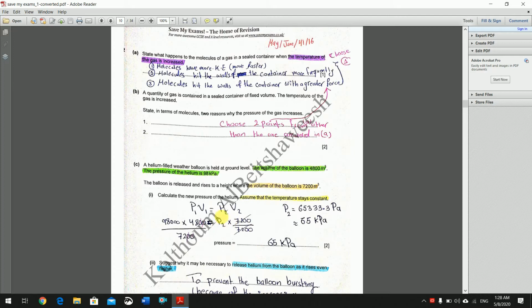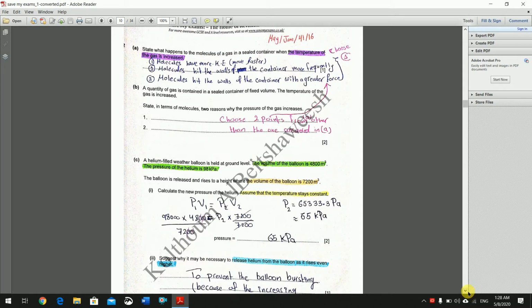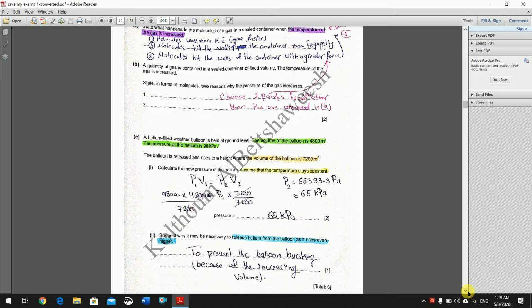And here, in order to find P2, we divide both sides by 7,200, and so the answer will be almost 65 kilopascals, of course using significant figures.